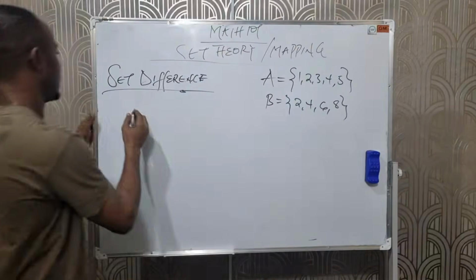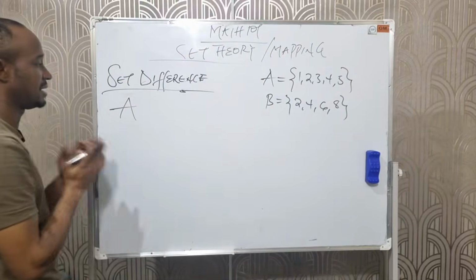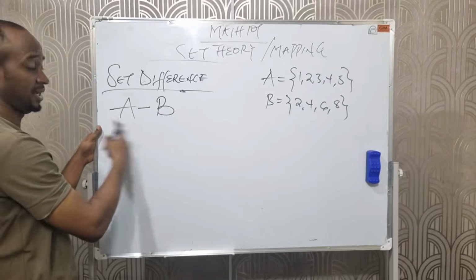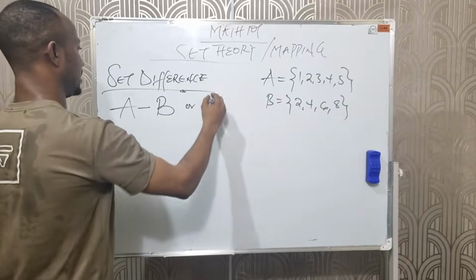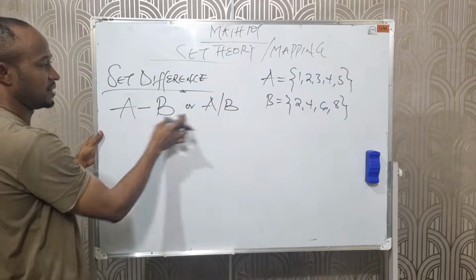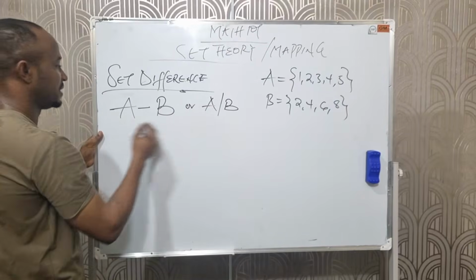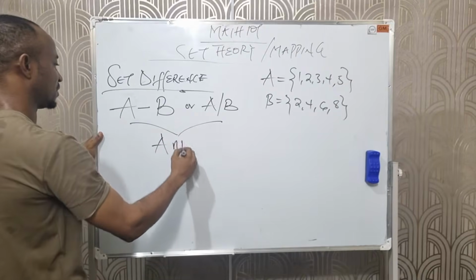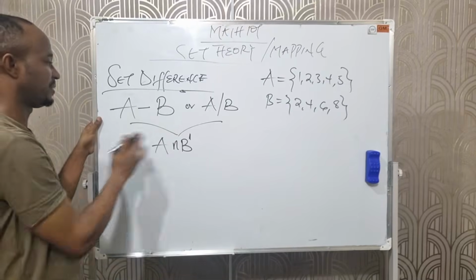For instance, the symbol for representing set difference between two sets, A and B, is either this. When you see something of this in sets, this means A difference B. It can also be represented as A slash B. It can also be represented as A intersection B complement.